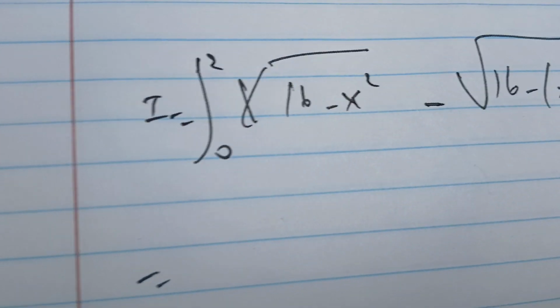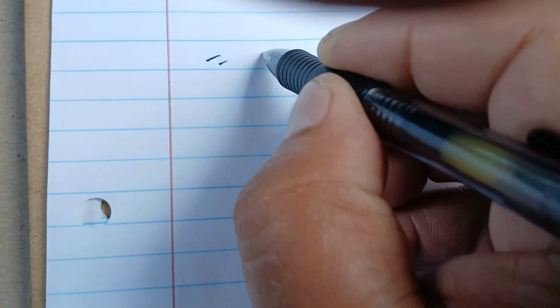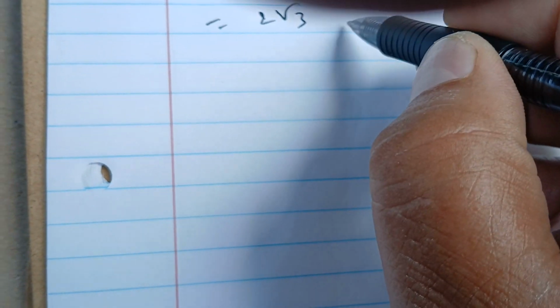Okay, I need only to subtract because for the first one I get, let me see the page, I get 2 square root of 3 plus 4 pi over 3, and I have to subtract the second one. The second one I get minus 8 pi over 3 plus minus 2 square root of 3.